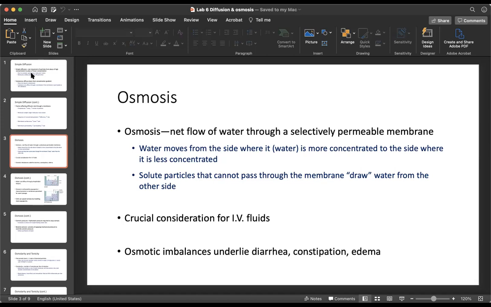And that membrane, selectively permeable, means that water can pass through, but the other, in our case sugar, does not pass through the membrane. The other example of a selectively permeable membrane could be the membrane of a red blood cell that we talked about quite a bit. You should understand why this is crucial for consideration of IV fluids. Again, we'll talk about that towards the end of this, but that could be an extra credit question there.